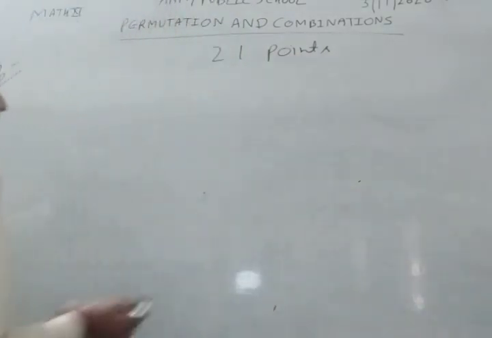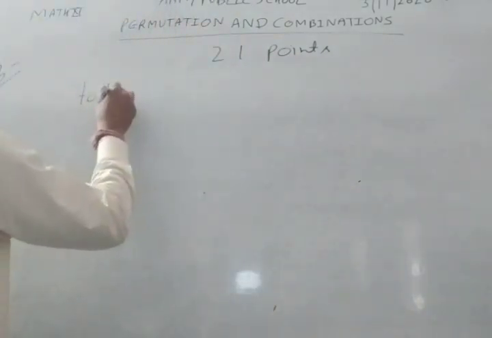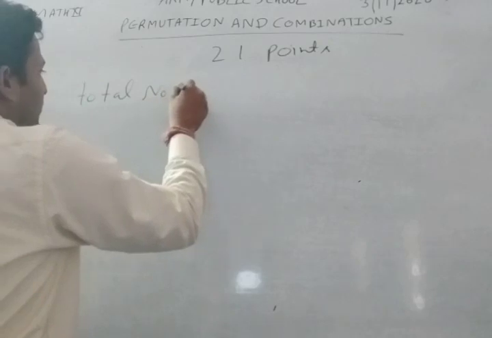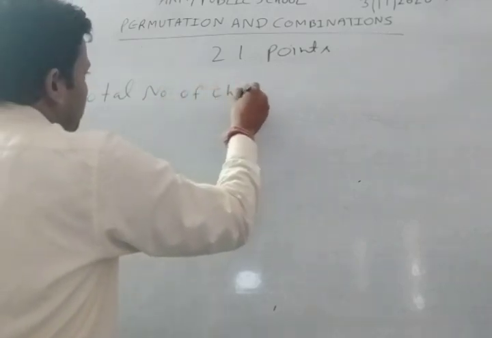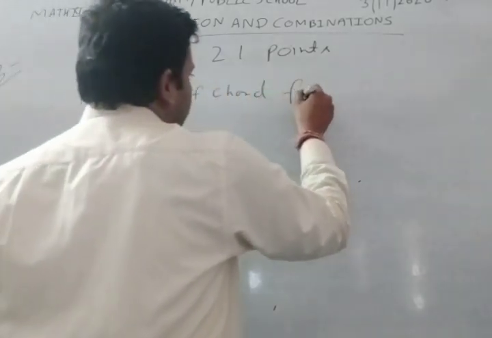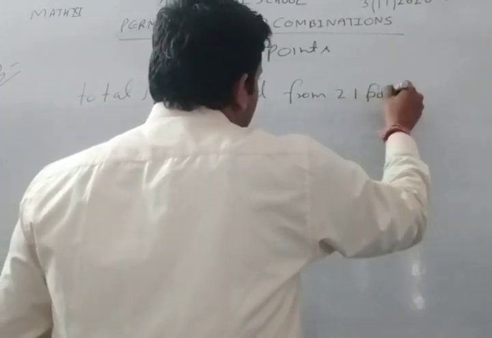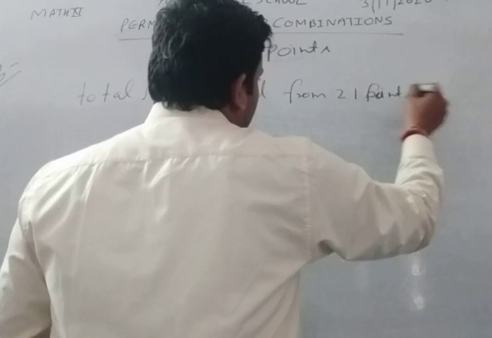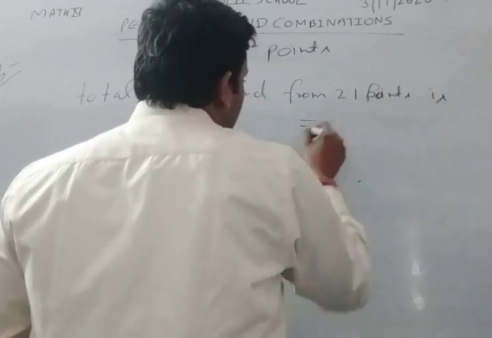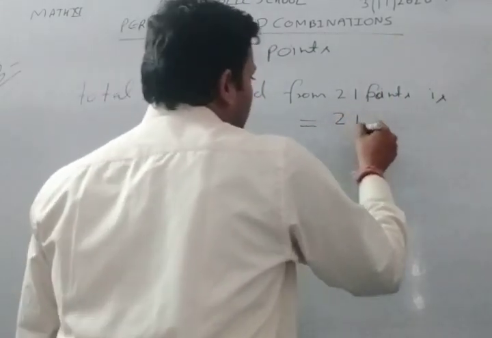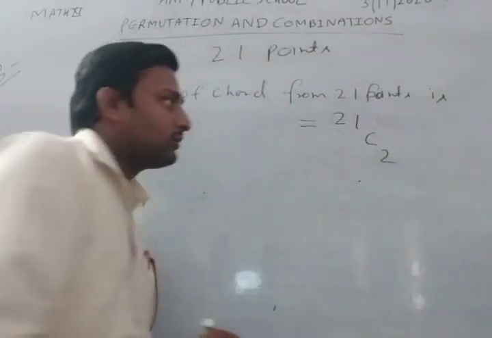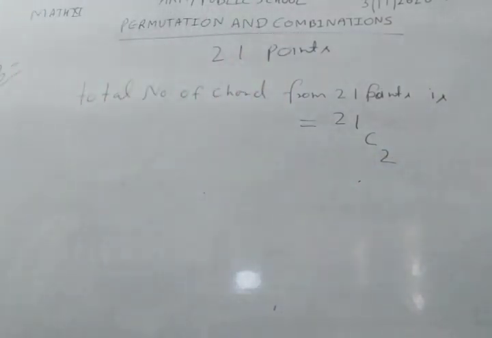So we write the total number of chords from 21 points is equal to 21C2.